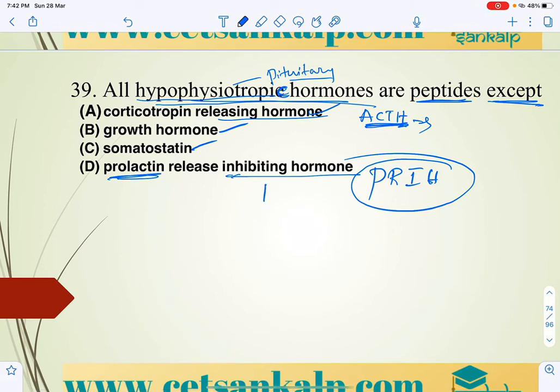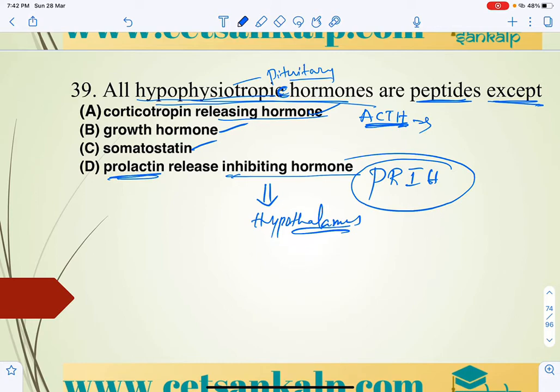It is produced by the hypothalamus and prevents the production of prolactin by the pituitary. So this is what you have to keep in mind.